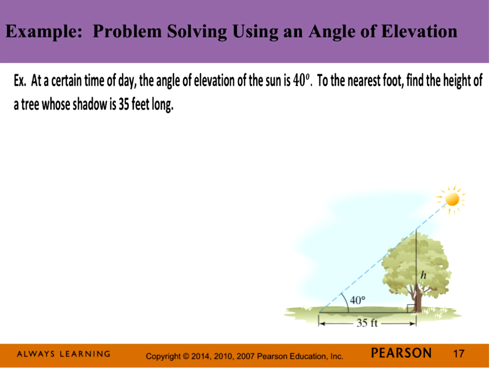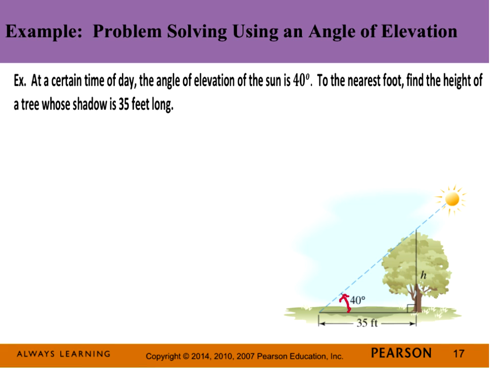Okay, so at a certain time of the day, the angle of elevation is 40 degrees. So we're looking at this angle right here, is 40 degrees. To the nearest foot, find the height of a tree whose shadow is 35 feet long.